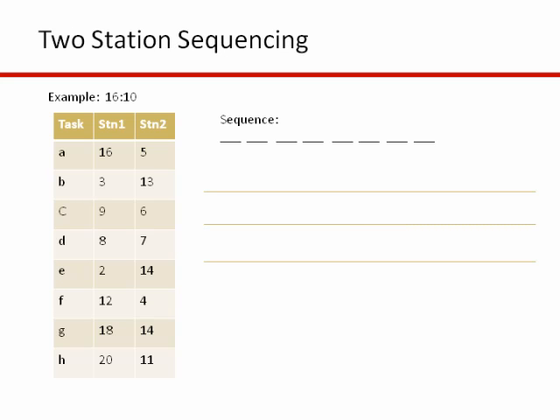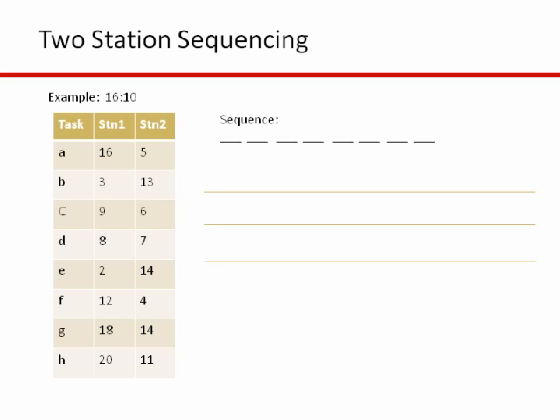Okay, the third topic in Chapter 15 is two-station sequencing. And the best way that I can describe this is, the rule is to find the minimum time at either station. If the minimum time is on the first station, you're going to sequence that job to the left. If the minimum time is on the second station, you're going to sequence that job on the right.